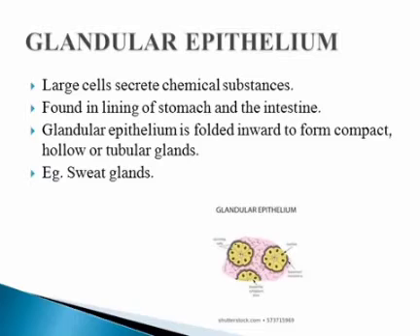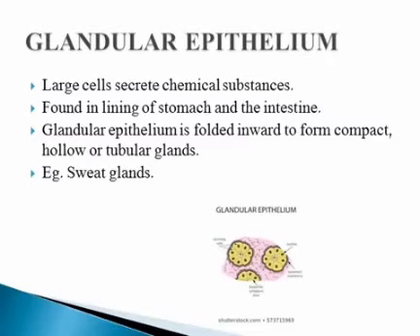At certain places in the body, the glandular epithelium is folded inward to form compact hollow or tubular glands, which are involved in secretion of chemical substances. The best examples are sweat glands, tear glands, or the liver. These are the examples of glandular epithelial cells.